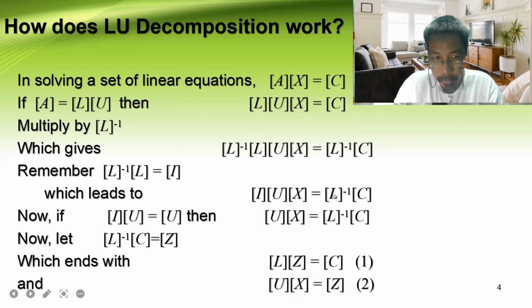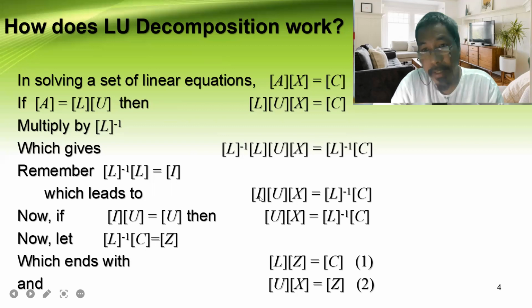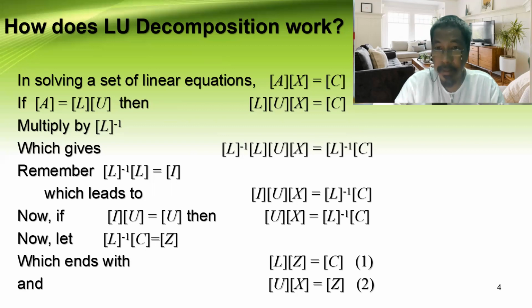So we have the following. Now, the identity matrix multiplied by the upper triangular matrix U is equal to the upper triangular matrix, because the identity matrix is a matrix with elements only on its diagonal, and the diagonal elements are all equal to 1.